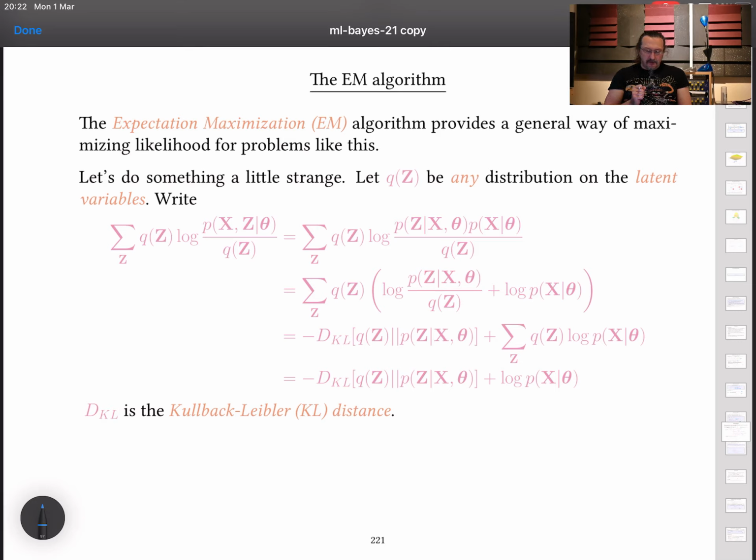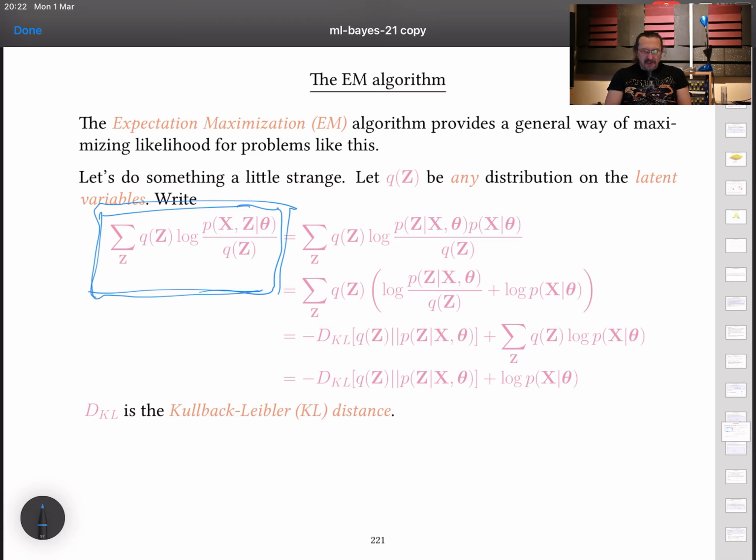I'm introducing another new thing called Q of Z, which is any distribution at all on the latent variables. I emphasize it's an arbitrary probability distribution on the latent variables. Now, we have this expression, which looks a bit unusual, but it's going to give us something quite fun.